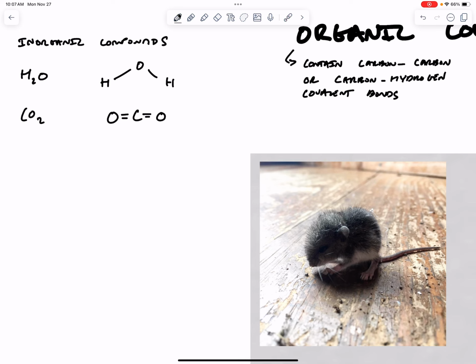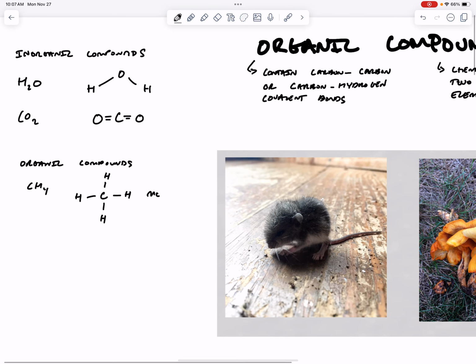Okay, examples of organic compounds would include methane, CH4, which looks like this. So this is methane.